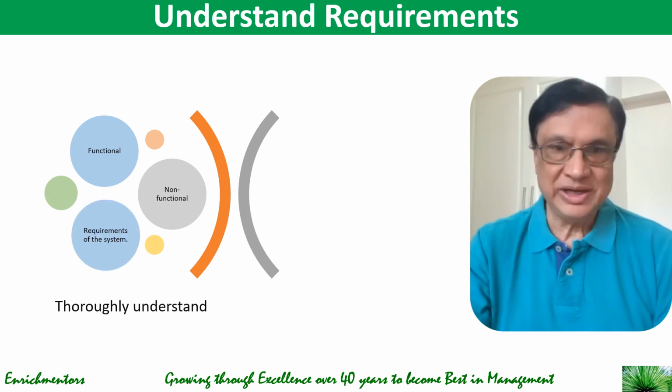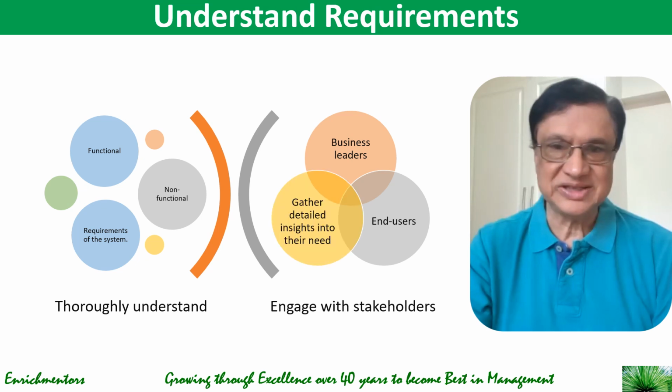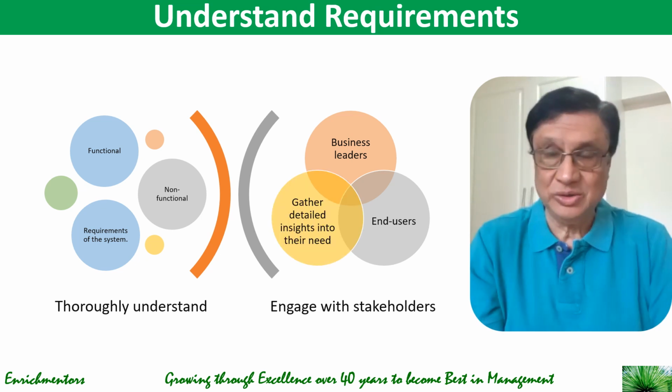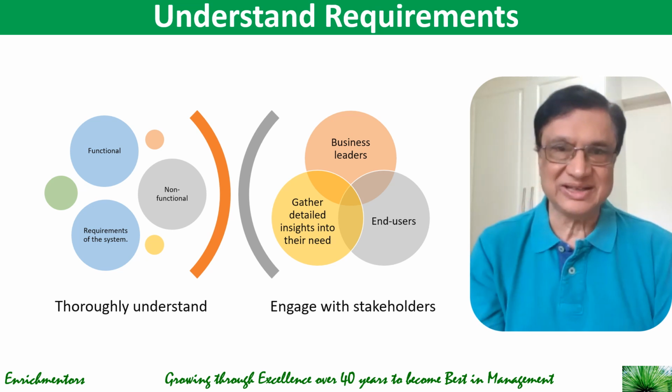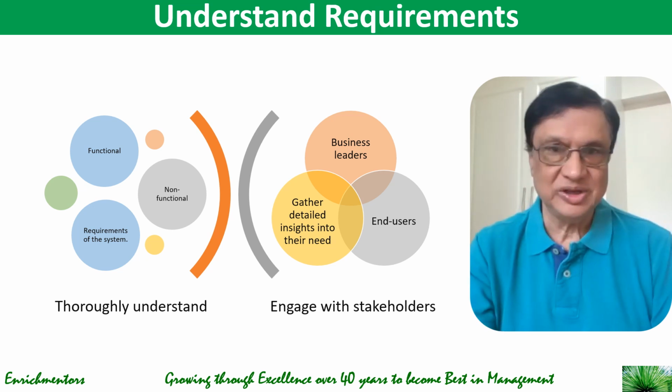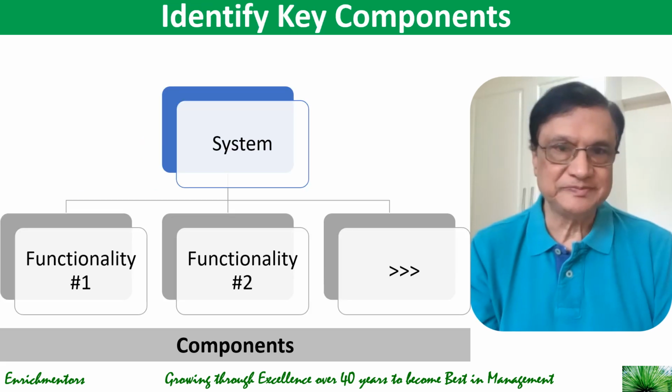And to do that, you engage with the stakeholders, including business leaders and end users, and basically gather detailed insights into their needs. And how to do that, we have covered in a significant detail in the last section. You can go back and refer to recap anything that you need to do.